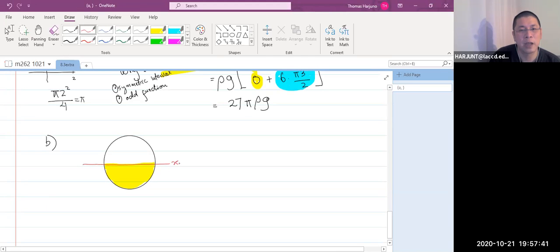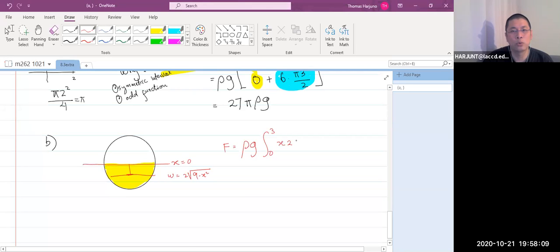So let's say this is my x equals 0. As I go down x units, the width will be 2 square root of 9 minus x squared. So the hydrostatic force of this milk will be rho g integral from 0 to 3. The depth is x.